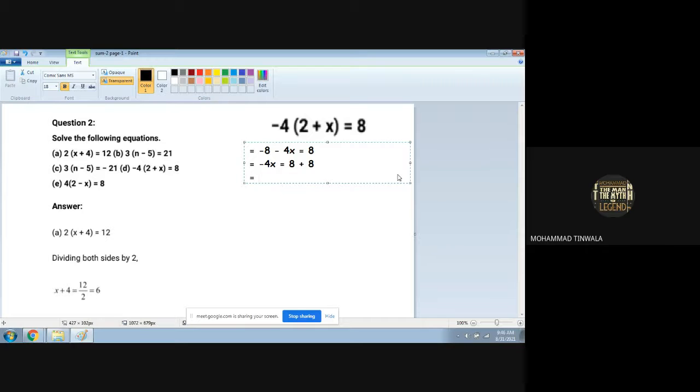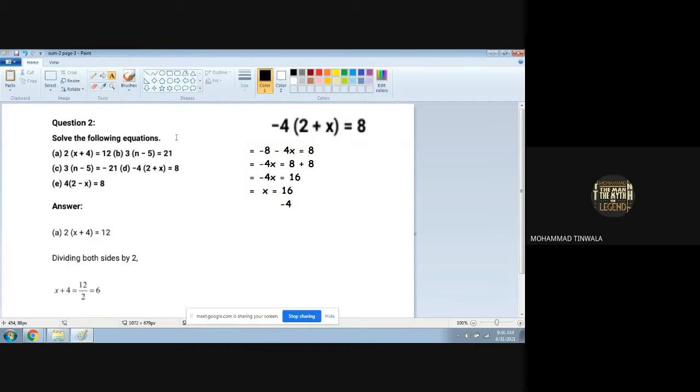Now minus 4x as it is equal to 16. We have to find the value of x. So 16 upon minus 4. Is that clear here?